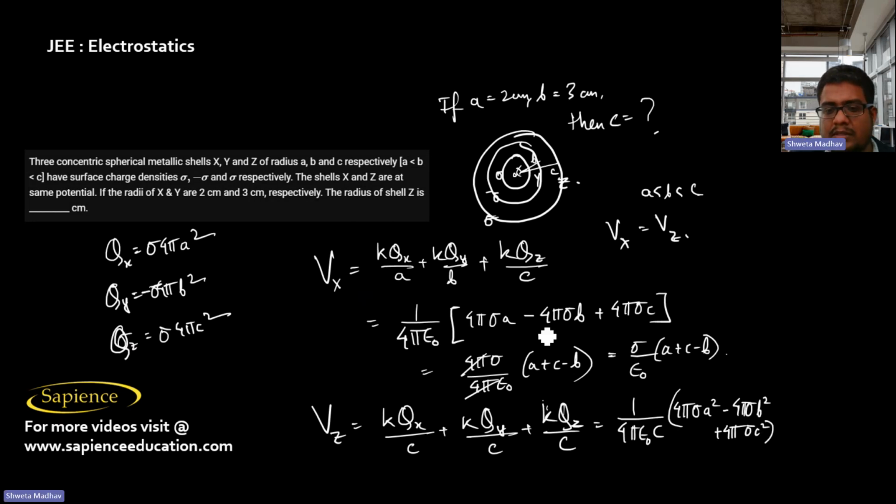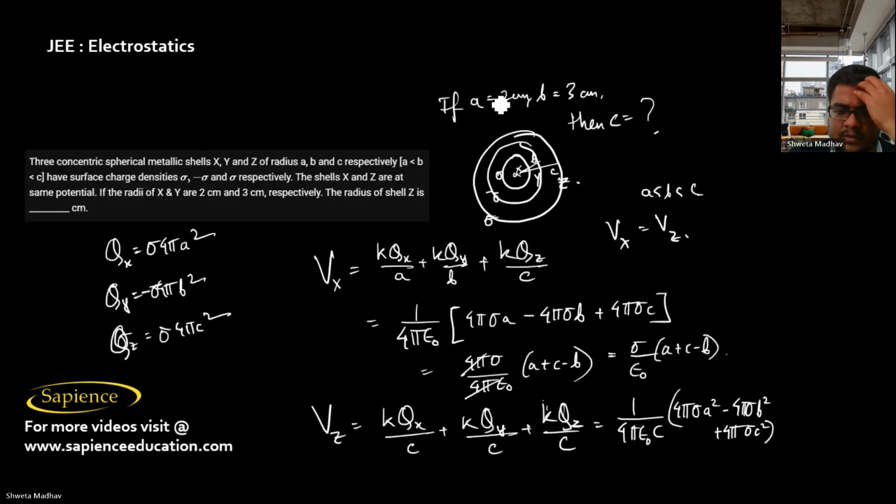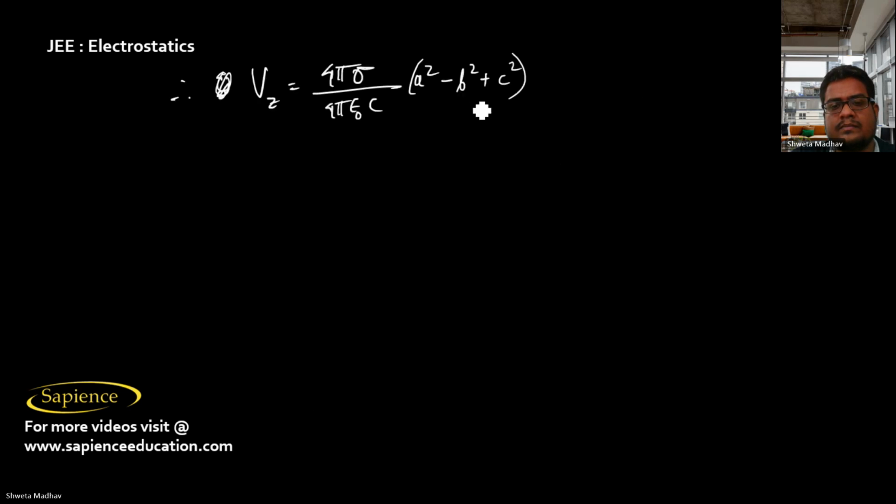So 4 pi sigma will come outside. Therefore the V at Z will be equal to 4 pi sigma by 4 pi epsilon naught C into A square minus B square plus C square. The 4 pi will cancel out.